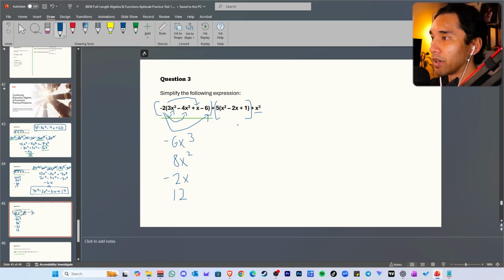Now we got to figure out what will happen when we distribute the 5 to the parentheses in the second bracket. What is 5 times x squared? That just equals 5x squared. Whenever you multiply by the x, just think of it as like a 1, okay? 5 times 1x squared.